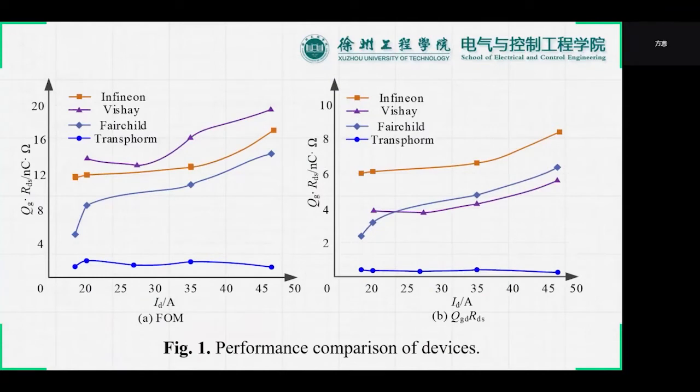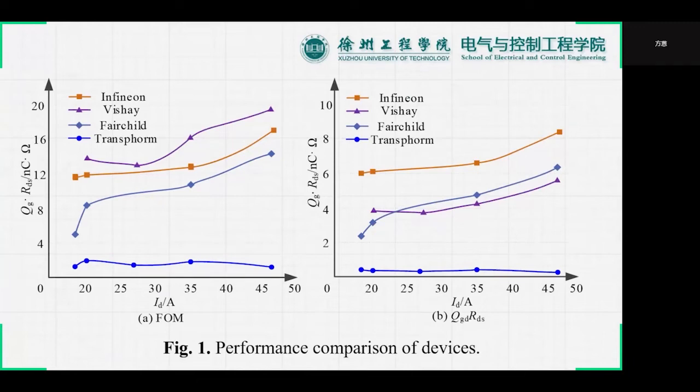The performance comparison of devices is shown in Figure 1. It can be seen that the quality factor FOM, which stands for figure of merit, of GaN devices is almost only 1/10 to 1/5 of that for silicon MOSFETs, and the performance gap becomes more and more evident with the increase of current.